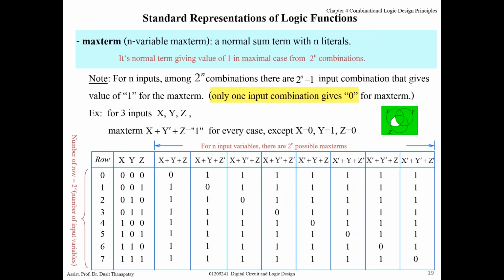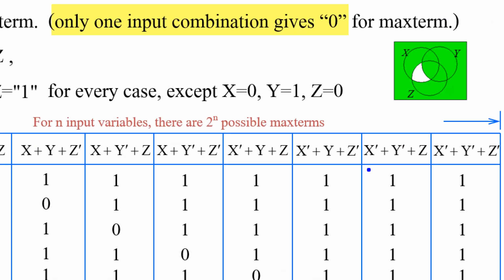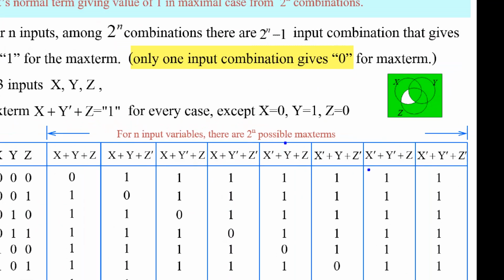Maxterm. Max, I mean maximum. For example, for 3 input variables, there are 8 input combinations. The maximum number of cases, but not all, that can make output be 1 is of course 7, right? 7 cases. That means only one case makes the output to be 0.